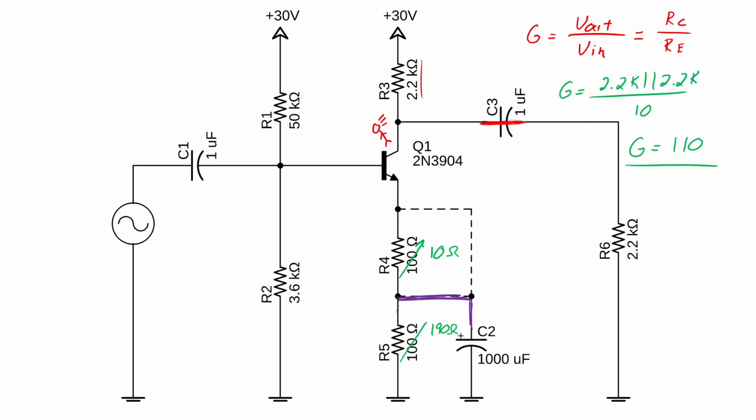That's about as far as we can take this example. I did mention we're not going to explore it in this video, but if we were to connect this capacitor directly to the emitter, the gain would increase. But there is a limit, and that's something that we can explore in a future video.